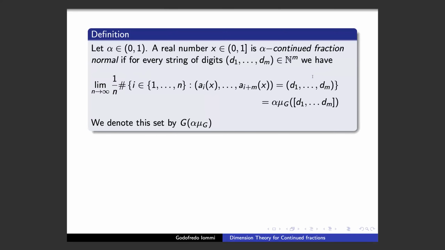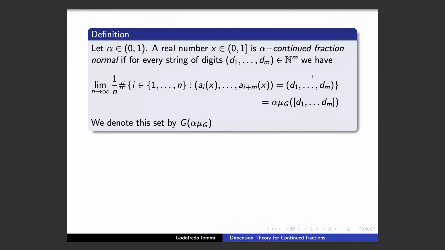So during this lockdown, together with Aníbal Velozo, we thought of the following sets, basically inspired by the results that I've just mentioned. So we said, pick a number alpha between 0 and 1, say 1/3 or whatever you like.